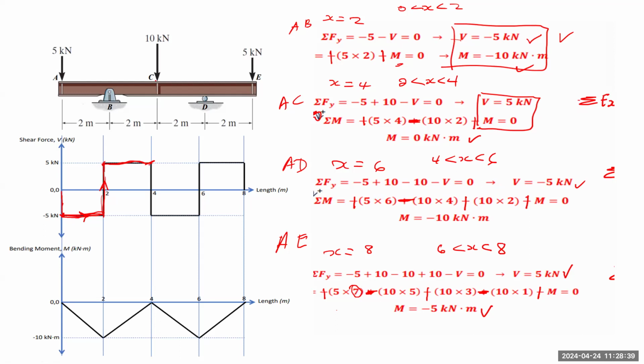-5. So if it's -5, it moves from +5 to -5, back down to here. But it must come over 2. And I already told you, once it's shear force and there's no load on the beam, then it's a straight line. Persons were drawing different things. If a UDL is up there, that's the only way you draw a sloped line for shear forces.